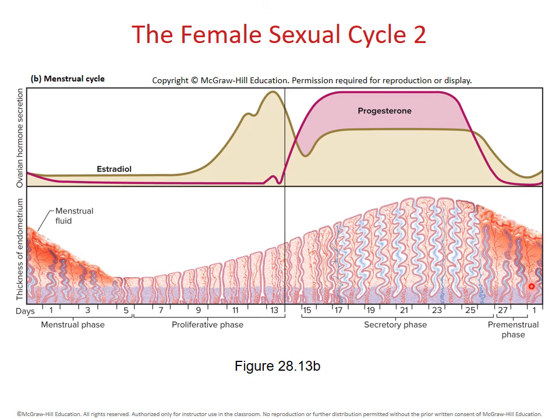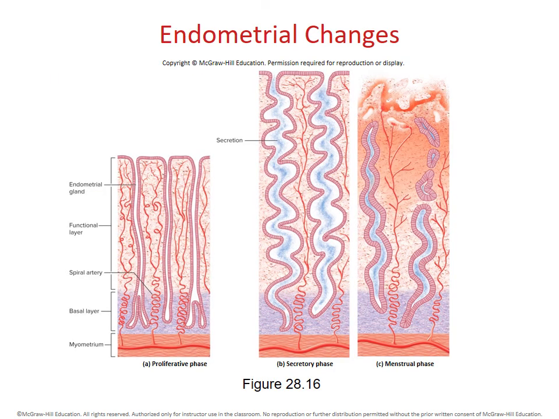And when we get to the end of the 28-day cycle, of course, that endometrium is going to slough off and we begin the next menstrual phase, and the whole cycle repeats itself. And so that's the endocrinology associated with the female sexual cycle. And here we see just a view of the changes of the endometrium during each phase that we just described.